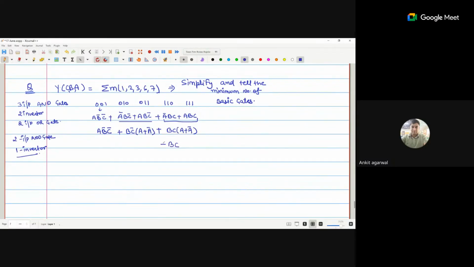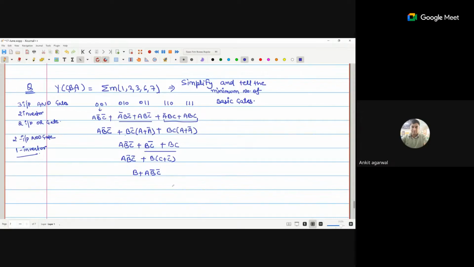That is BC plus BC bar plus A B bar C bar. Now from these two, I am taking B as a common, so C plus C bar, plus A B bar C bar. So B plus A B bar C bar.